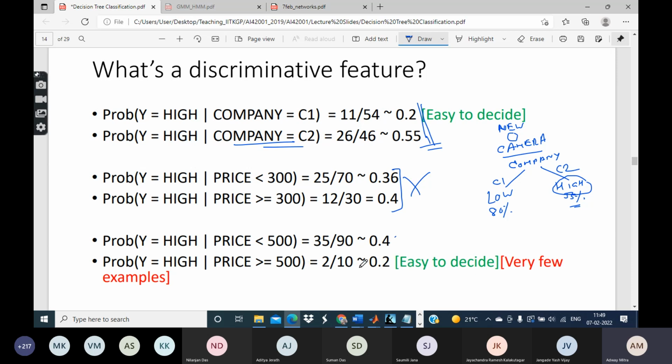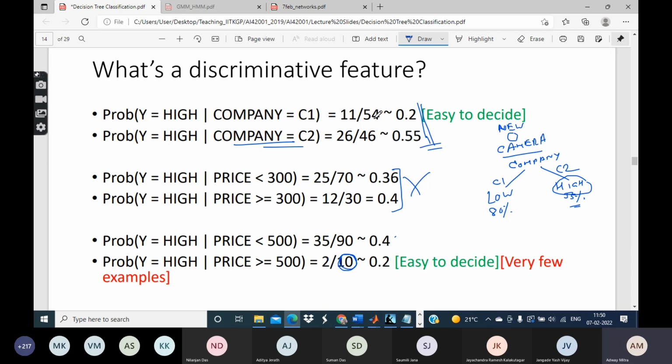So ideally that means that if you see a camera that costs more than $500, you can say with 80% confidence that it will get low ratings. However, there is a catch. The catch is that there are too few samples. The problem is not with this number, but rather with this number. The rule you are formulating here is on the basis of only 10 examples.